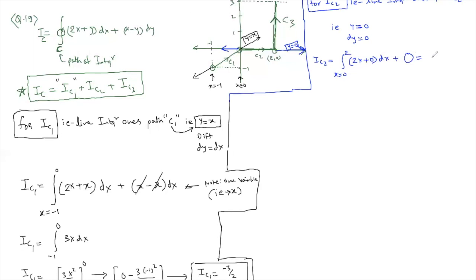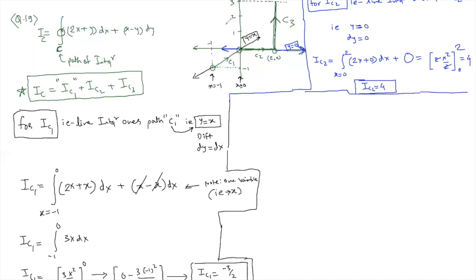Integration of 2x is going to be x squared, going from 0 to 2. That gives 4. So I have IC2. Done.